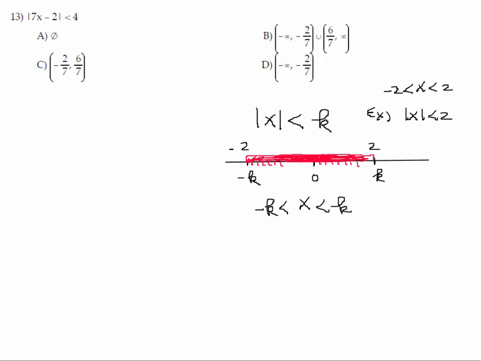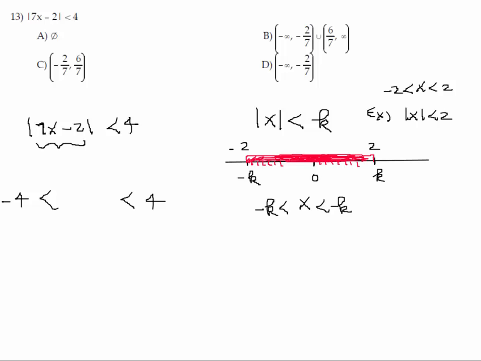So in this case, instead of x, you have absolute value of the expression here, 7x minus 2 is less than 4. So what you do is you translate into this inequality. You put minus 4 here and plus 4 here, but instead of x, you put this expression here.